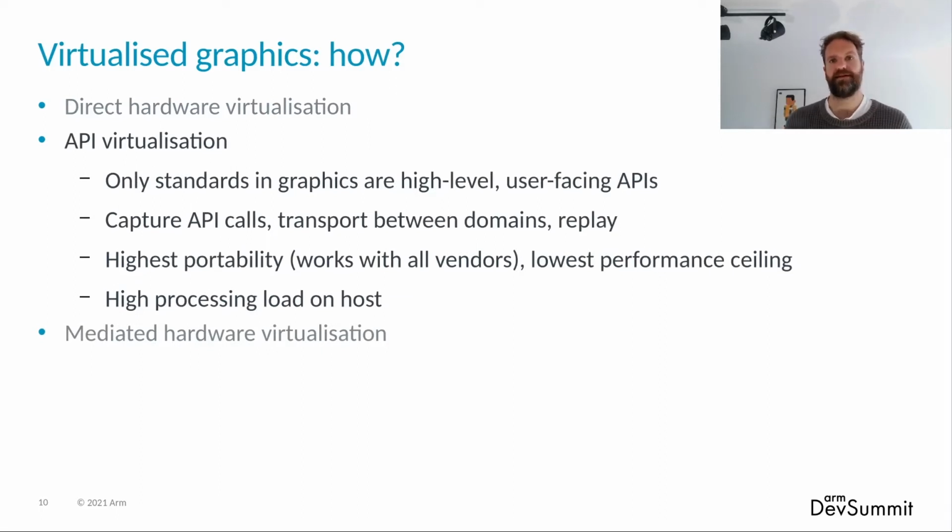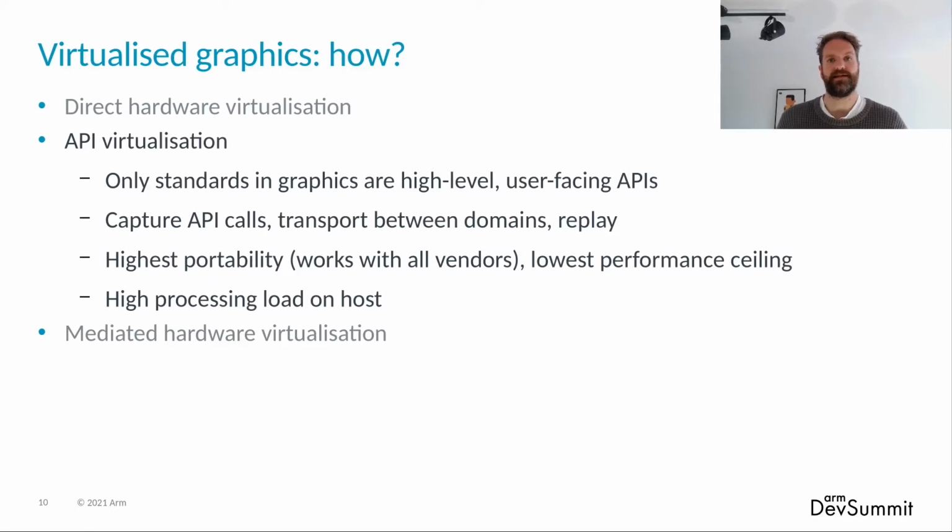At the other end of the spectrum, we have API virtualization. And this is kind of meeting the virtualization barrier at the level of the standards where they are. The standard in graphics is OpenGL, it's Vulkan, these kinds of APIs. And the API virtualization essentially just captures these API calls, translates them across the virtualization barrier, and then inside the host it will replay them as if the guest were running natively on the host.